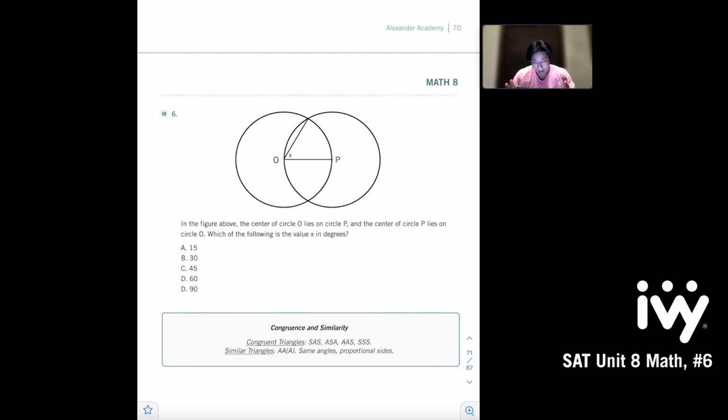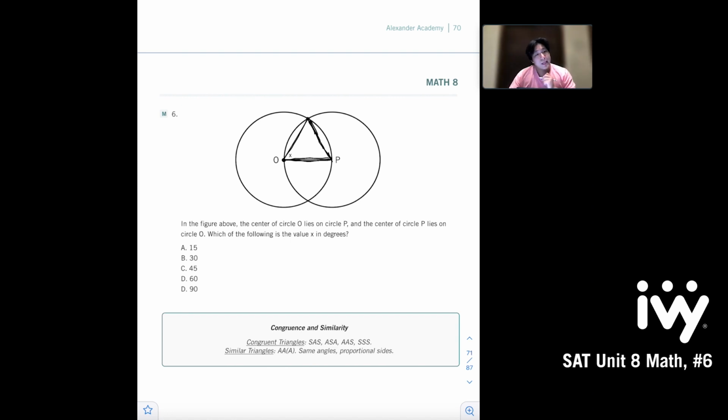We don't really see a lot of angles being given here, so what can we do? First of all, we know this right here, O to its edge, is a radius, right? So that must be true. And this must also be a radius. So now that we have two radii, we also know that this must be a radius.